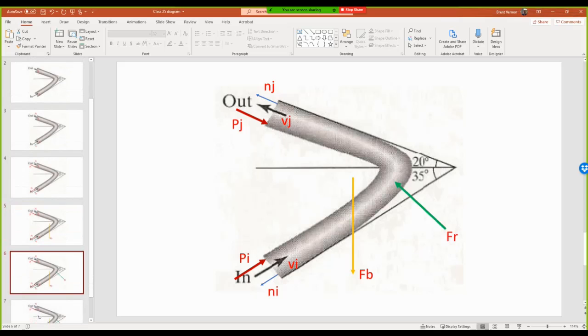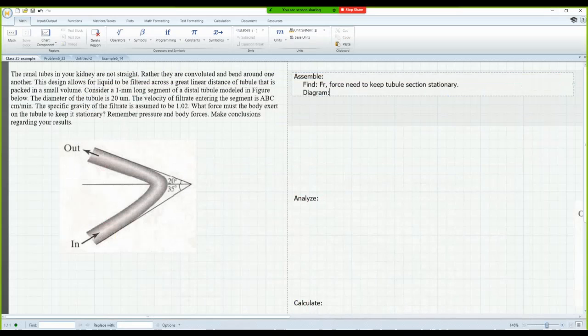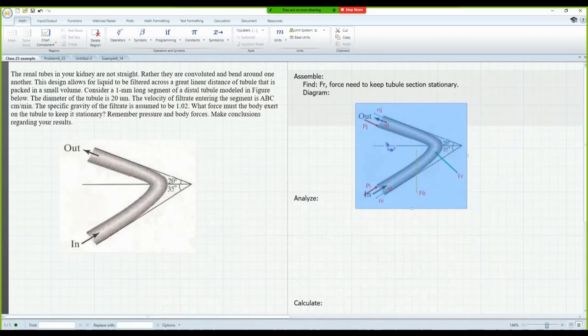This is the force we're looking for that keeps this tubule section stationary. And then of course we'll need a coordinate system. So we'll have this be the X direction, and then up will be the positive Y direction. So I'm going to take this image now, that'll be our diagram, and let's put it as my diagram here.